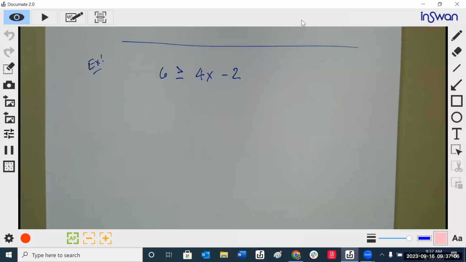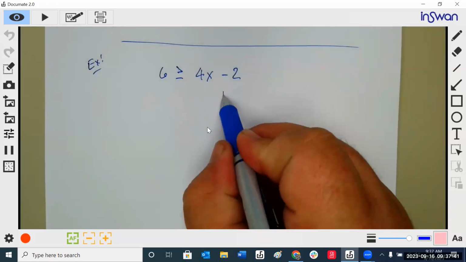Give me this one in the other two notations. Again, treat that as if it was an equal sign. So what's the first thing you would do? Add 2, very good.